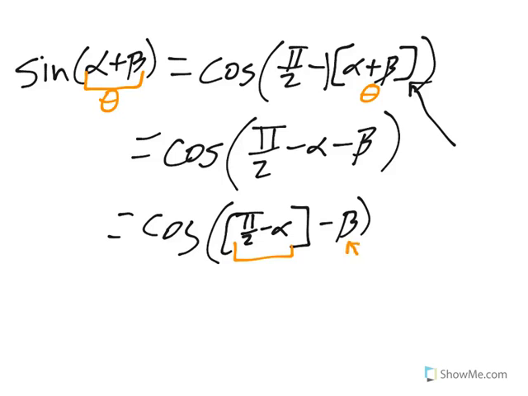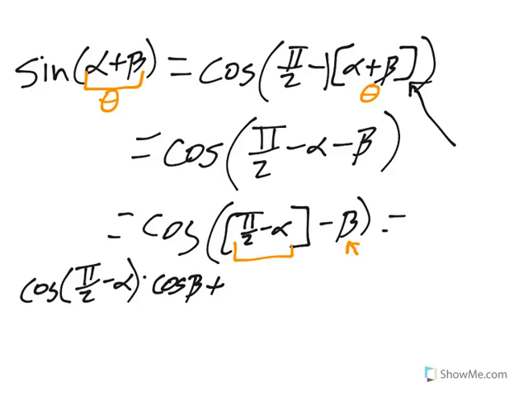But now I have the cosine of the difference of two angles, and that's going to be cosine of the first times cosine of the second, plus, remember when you do the cosine of a difference, you have plus sine of the first times sine of the second.